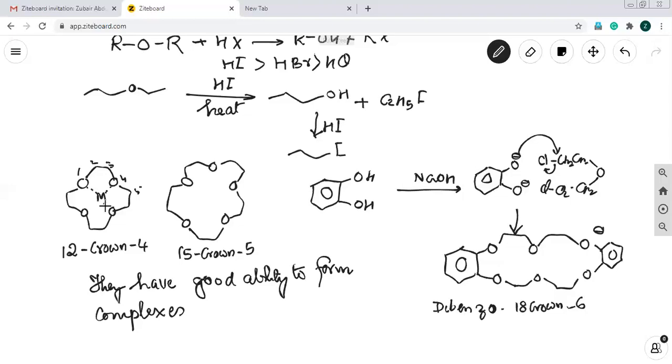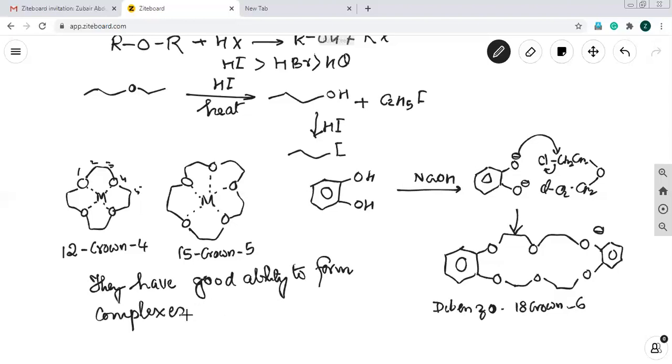Oxygen will act as ligand. See here. Similarly here, and see, depending on the size of this ring, different metals can selectively complex.